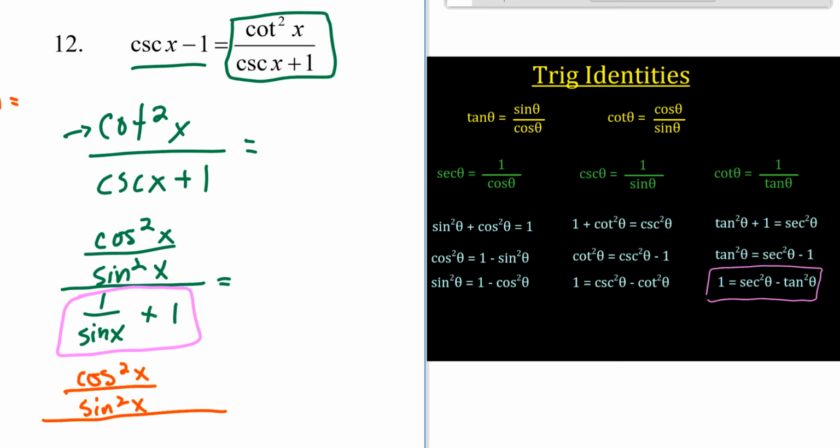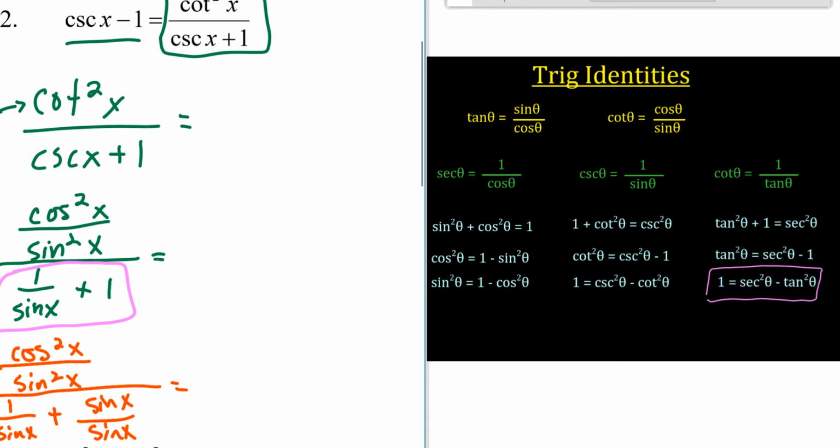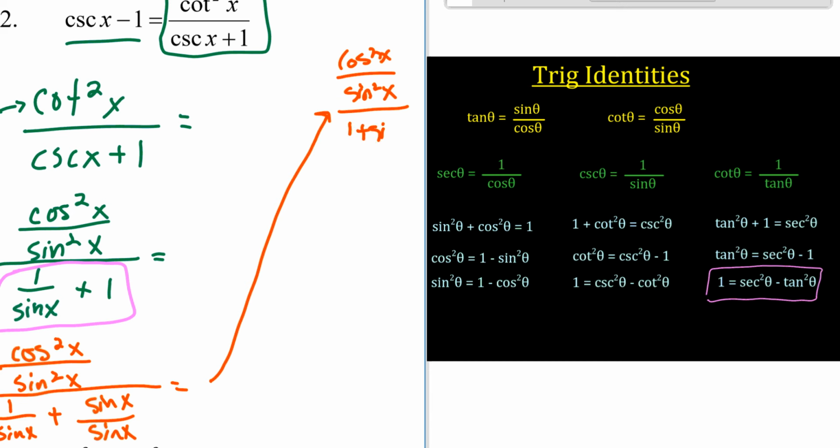On bottom, I'm going to have 1 over sine x plus sine x over sine x, because I want to get a common denominator. Let's see if I have room over here. I want to bring this up over here. Cosine squared x over sine squared x, all of that over 1 plus sine x over sine x.